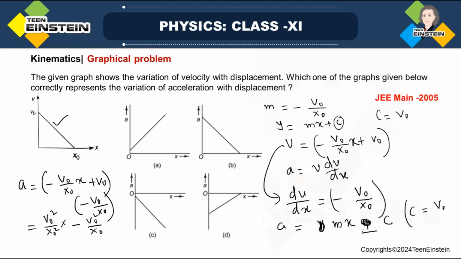C is actually v0 square by x0. So there will be minus intercept but positive slope. Okay, we will have positive slope but minus intercept. So let me see from here which has minus intercept but positive slope.